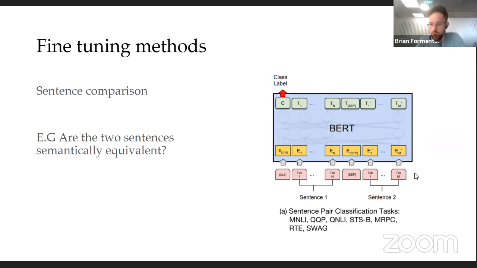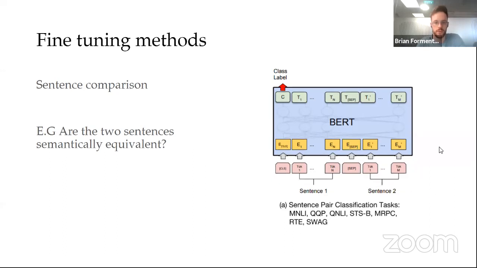It really depends on what you're using. But you should be able to do it. I gave you some examples, like here's sentence comparison, right? If you want to compare two sentences to one another, you would just structure it this way. Right.